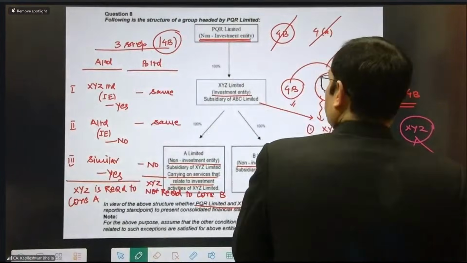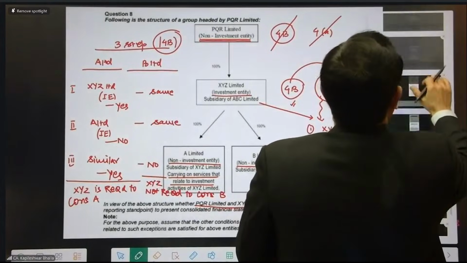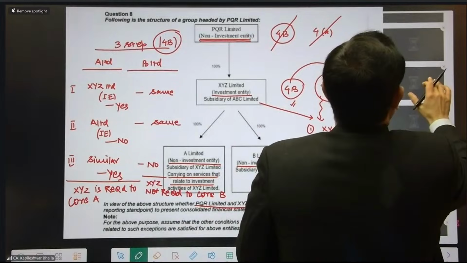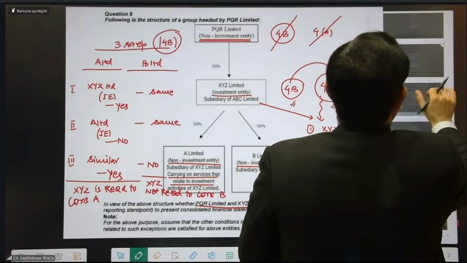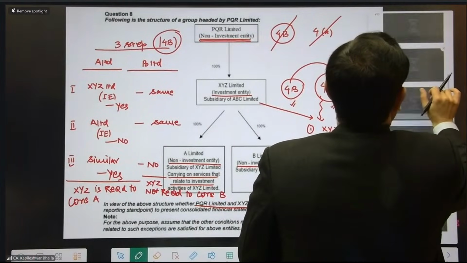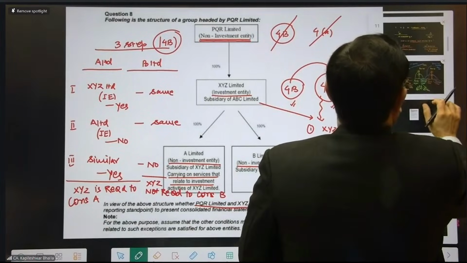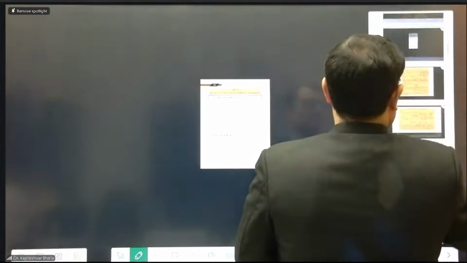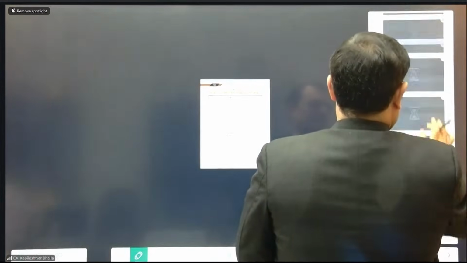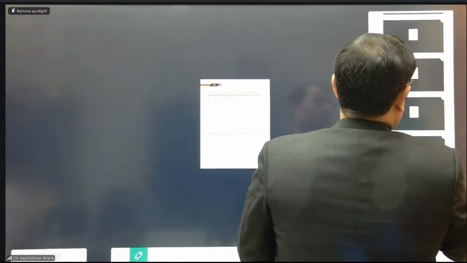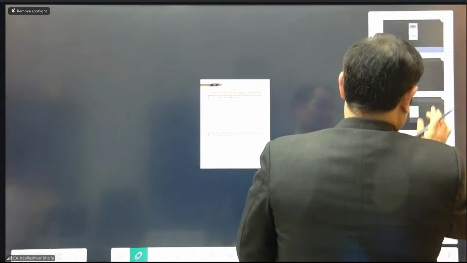Let me just take it further. I'll come back to the agenda. So I'm going to take you back to what the standard states on the control assessment. First I'll give you a chain of thought. How are we going to think about the control assessment part?